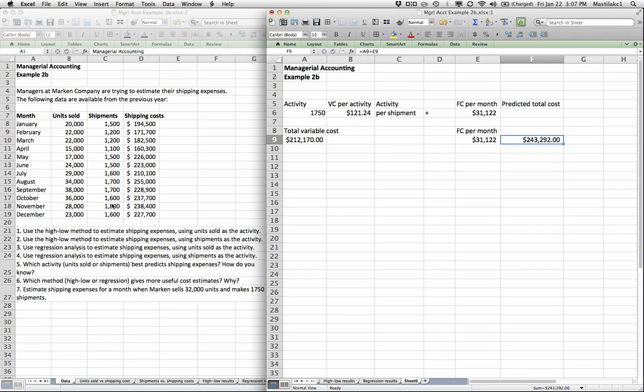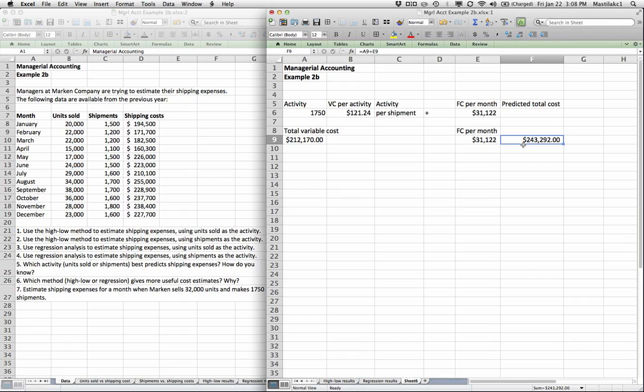We're right between our 1,700 and our 1,800, and 255, 228, 238, and here we are sort of right in the middle of those. So yeah, I think it does make sense. Is it going to be exactly 243,292? No, it's extremely unlikely to be exactly that number. But it should be within a few $1,000s of that number. And so this gives us a useful model to predict.